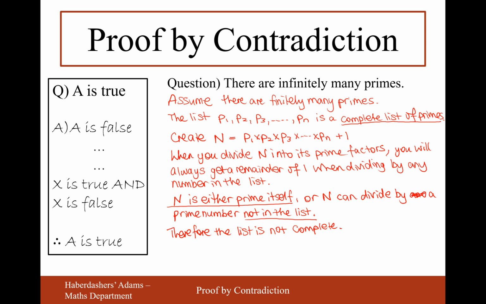And there's your contradiction. We've got statement X, which is the list of primes is complete, and we've just shown that statement X is also false, that it is not complete. So our assumption to start with that's created this contradiction must therefore be false, and therefore we're getting a double falsehood, which means that statement A, the statement that we started with, must therefore be true.